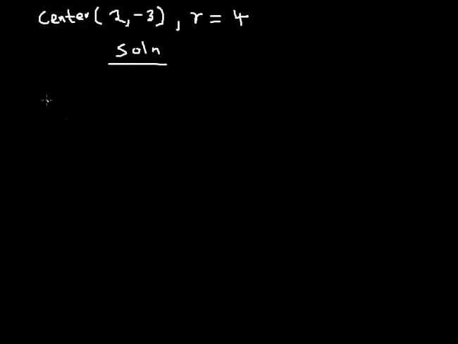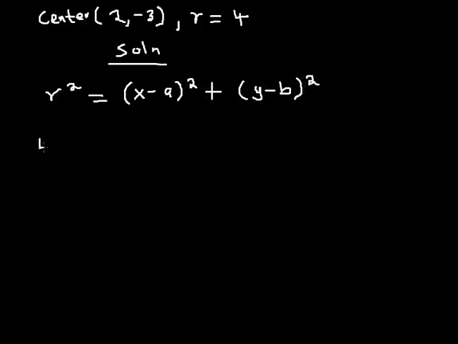The formula for the equation of a circle, remember, is r squared equal to (x minus a) all squared, plus (y minus b) all squared.